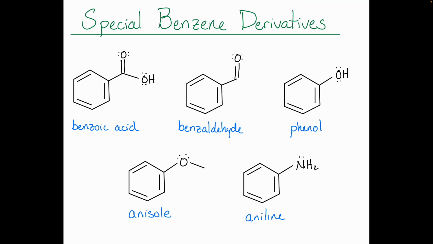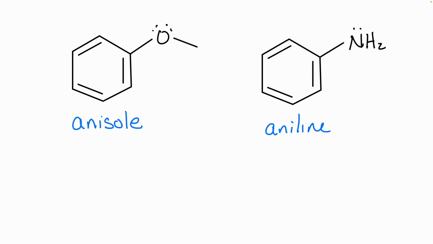The last 2, though, anisole and aniline, are terribly similar to one another. How can we distinguish these and keep them separate in our minds? Notice that anisole has that O in the name, whereas aniline has that N in the name. Anisole, with the oxygen in that molecule, has an O in the name.